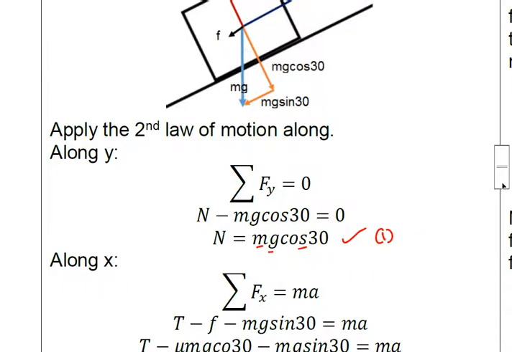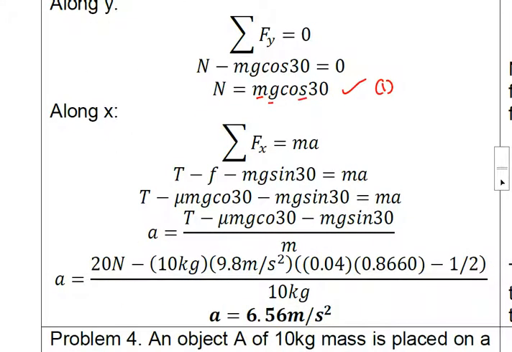Along the x-axis we have the summation of Fx equal to ma. The forces along x, we have the tensional force. This is the applied force using a rope, which is parallel to the surface. By the way, if the rope is not parallel to the surface, then you have to take the component of the force applied using a rope, so it will be more complicated than this.